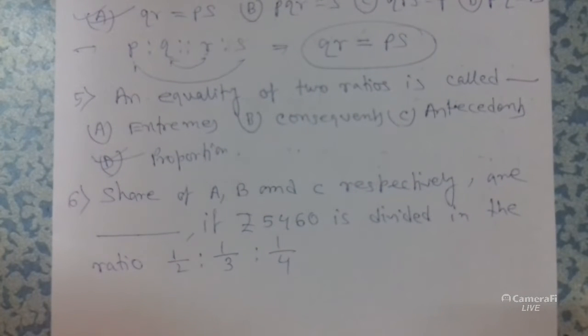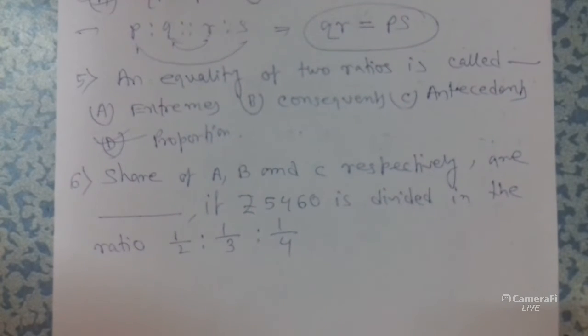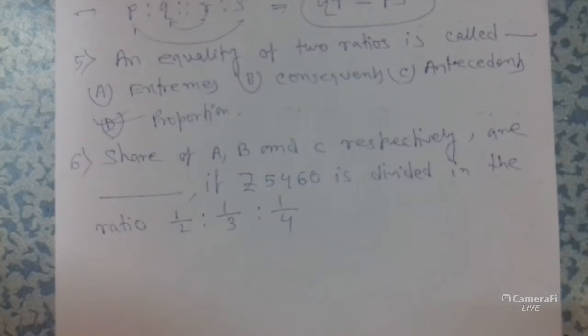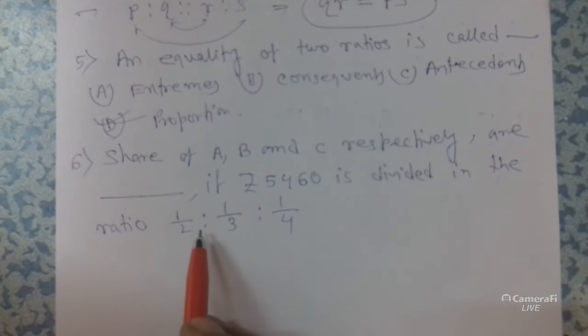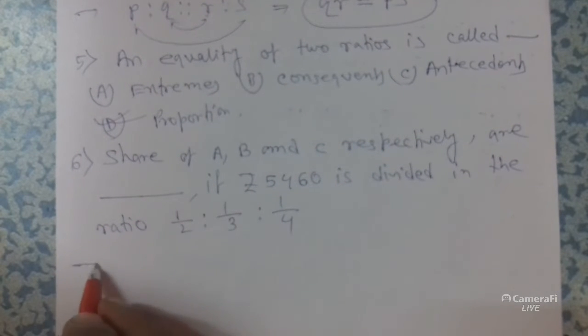So among A, B, C, the given money has been divided in the ratio 1 by 2 is to 1 by 3 is to 1 by 4.